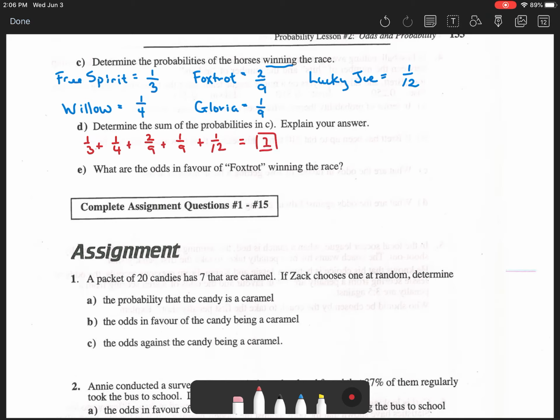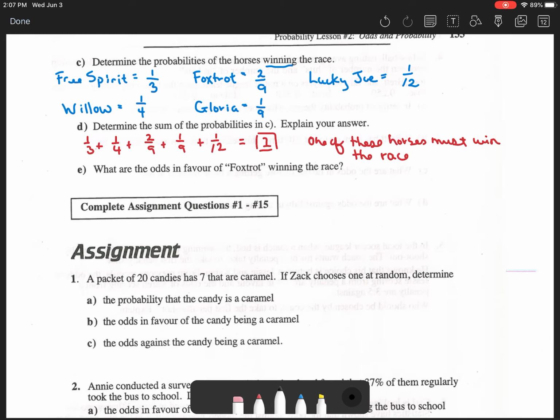Okay, now the reason being that it has to add up to 1 is one of these horses must win the race, okay? Those are the only horses that are in the race. If there were other horses in the race, then not necessarily would those probabilities have to add up to 1, but because those are the only horses in this race, okay, their probabilities must add up to the number 1.